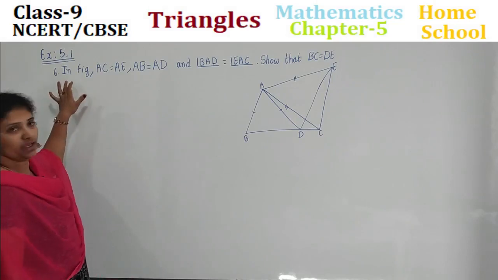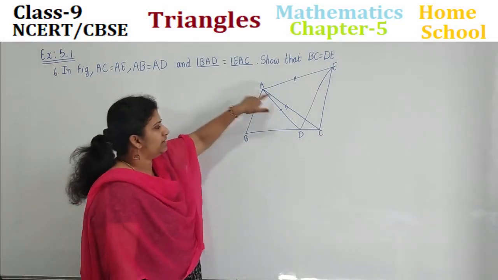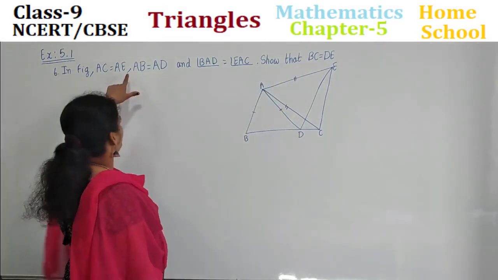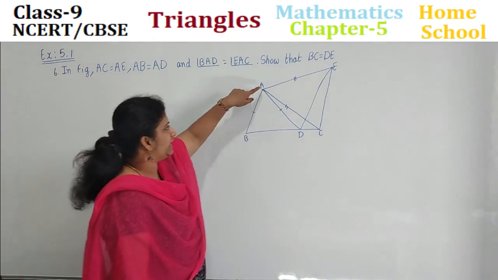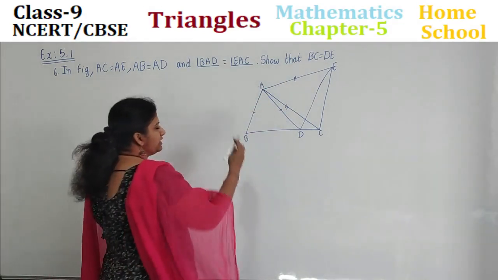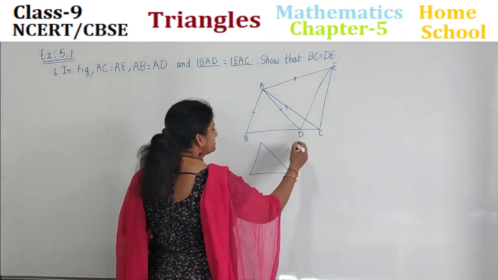Sixth problem. In the figure, AC is equal to AE. AB is equal to AD. But children, look here. Try to observe your triangles. Two triangles are like this.